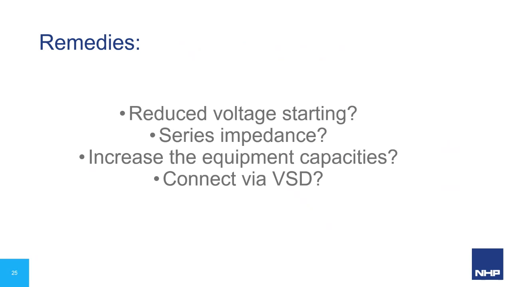So let's look at a few possible remedies that may be useful or may not be useful. Reduced voltage starting. Well, this certainly does resolve the issue of the current inrush and reduces the stress on the switchgear connected. The issue to be very aware of is the reduced voltage starting affects the torque of the high efficiency motor.